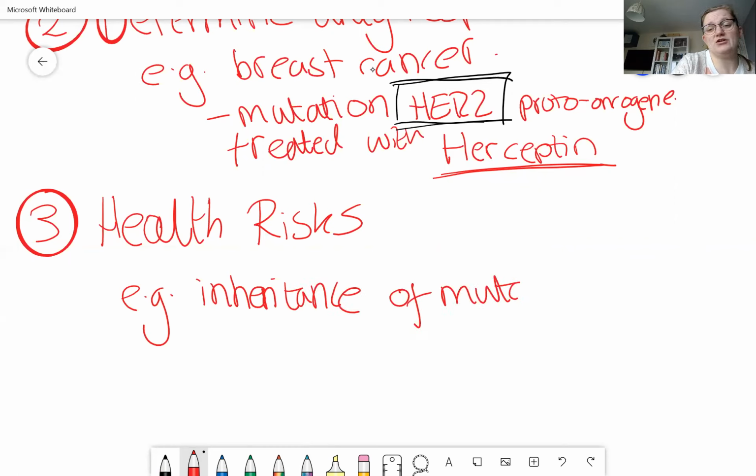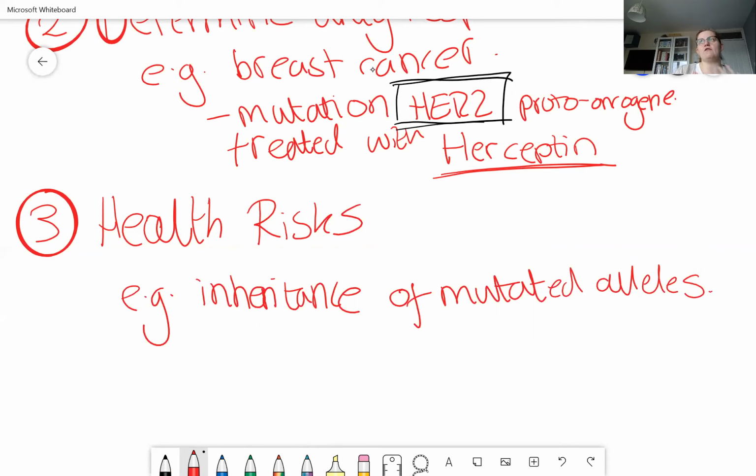And that might be during genetic counselling, if couples are wanting children, etc. Inheriting a particular mutated allele increases your risk of developing a certain type of disease. So, for example, if a person knows they have these alleles, it might help them make a choice that could reduce their risk of developing this disease.